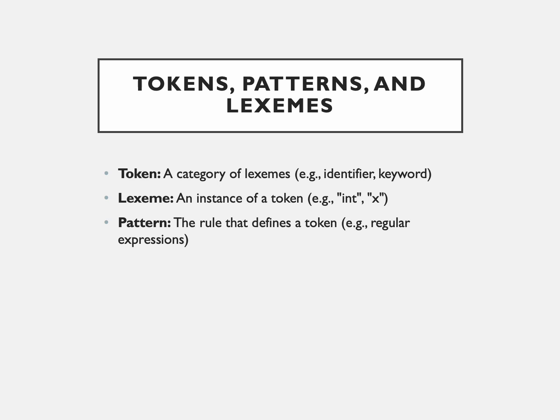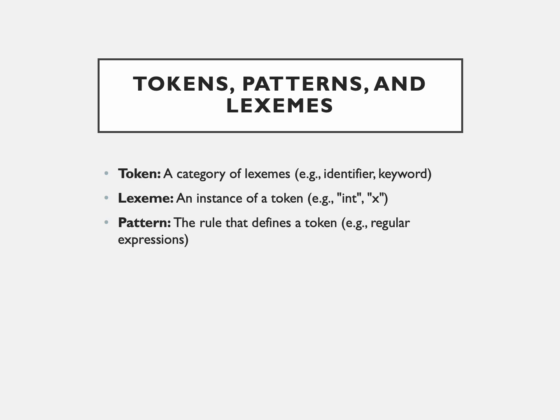Pattern. A pattern defines the structure of a token. It provides the rule or regular expression used to identify lexemes for a specific token type. For example, the pattern for an integer literal might be a sequence of digits.